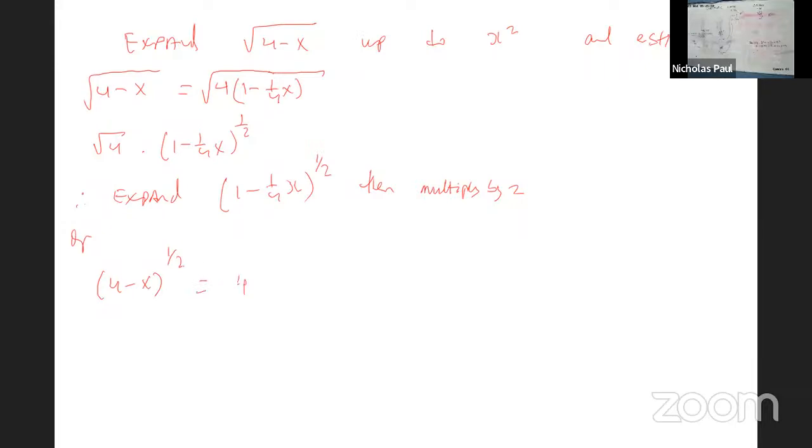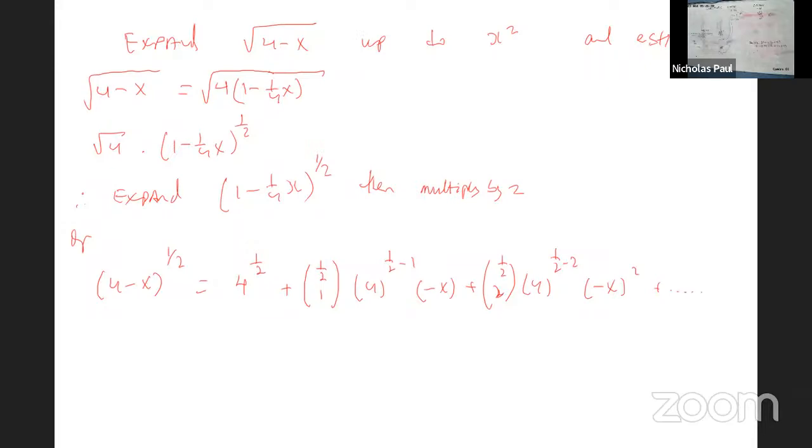So it will be 4. You could use the original binomial expansion and work it out.